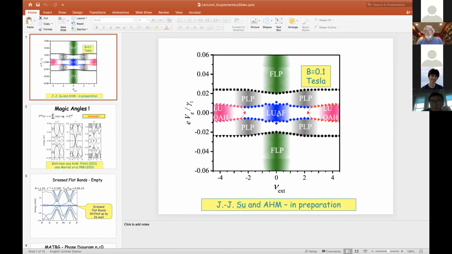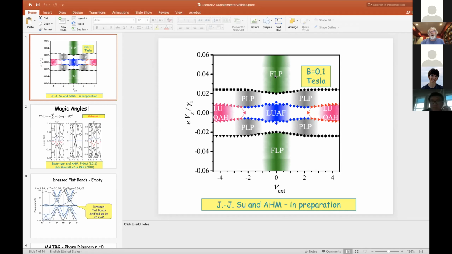And this is generally understood as a transition between an antiferromagnetic state, which is the ground state at no gate voltage, and a layer polarized state for large gate voltage. But all of these states are gapped, and they're basically like the mean field states I was just describing.